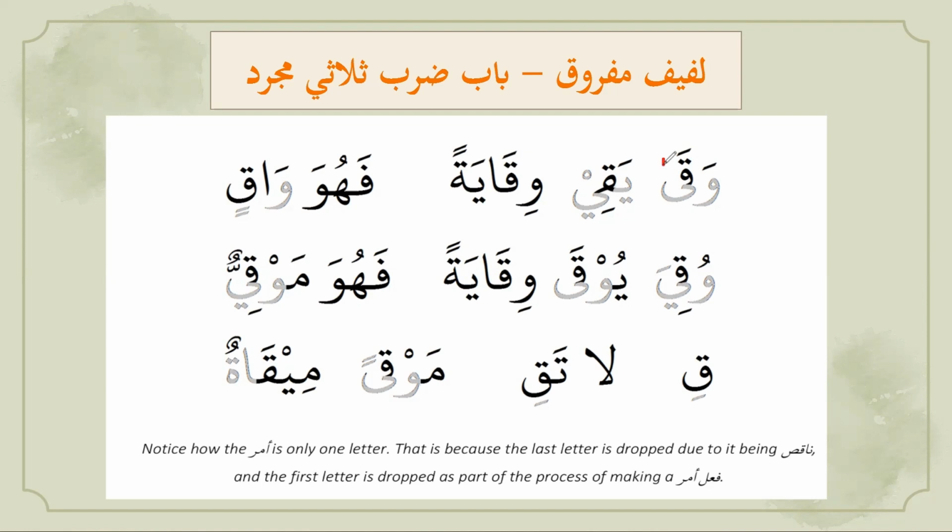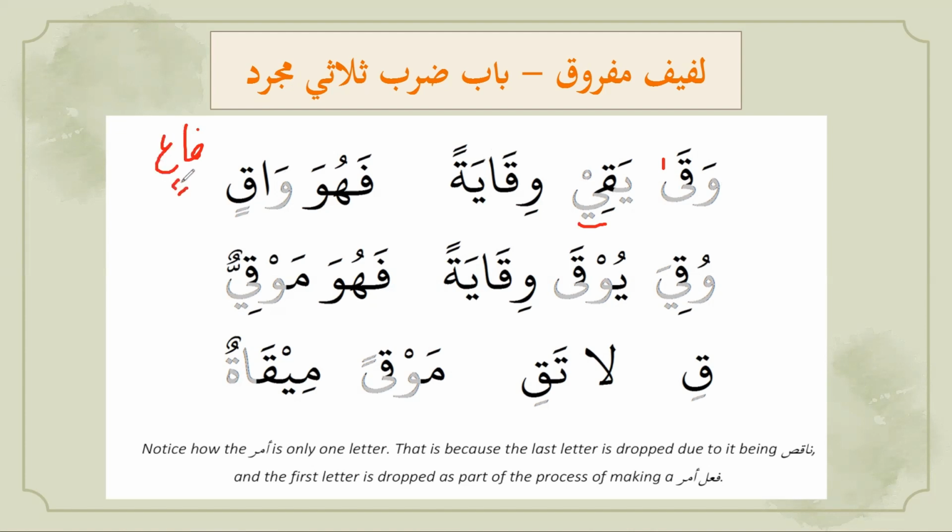Again, you can see the alif maqsura, then ya is there in present tense. Then wiqayatan, thulathi mujarrad masdars are unique. Then waqin, ism fa'il is waqin, which is on the pattern of fa'in. Fa'in is the regular pattern on which ism fa'il of naqis words from thulathi mujarrad comes. So waqin is on the pattern of fa'in.